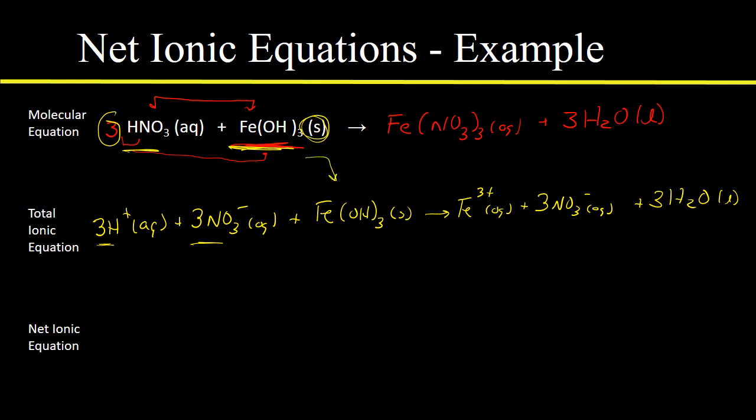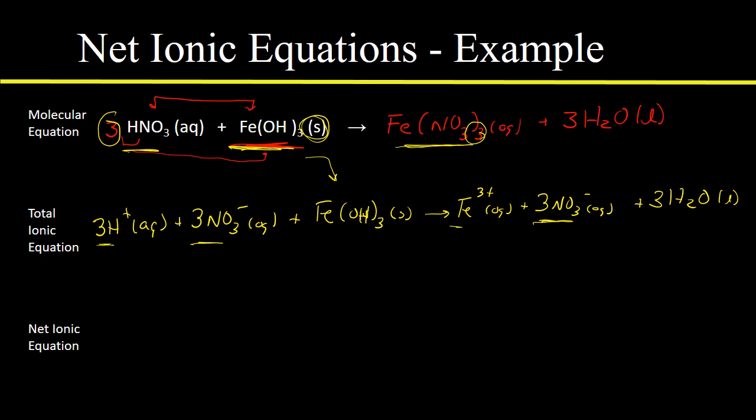So I left that together. On the other side over here, we've got iron nitrate. That's got 1 iron in it and 3 nitrates. Okay, so it breaks up like that. And then we've got 3 waters, so I've got 3 waters over here.